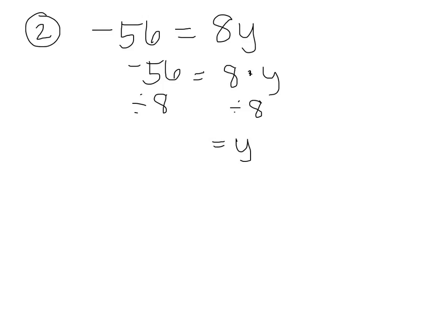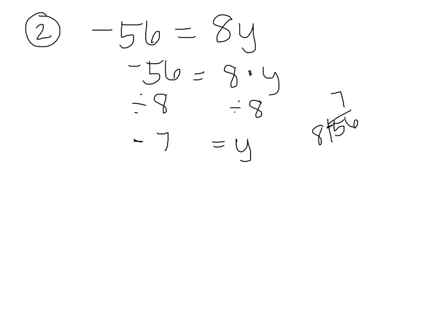Then I need to do 56 divided by 8, and 56 is a negative number. Already I know my answer is going to be negative, because if they are opposite signs and I'm multiplying or dividing, that means my answer is negative. 8 goes into 56 7 times, so my answer is y equals negative 7.